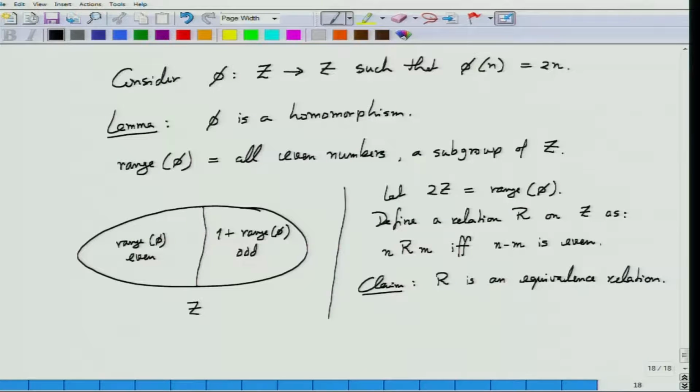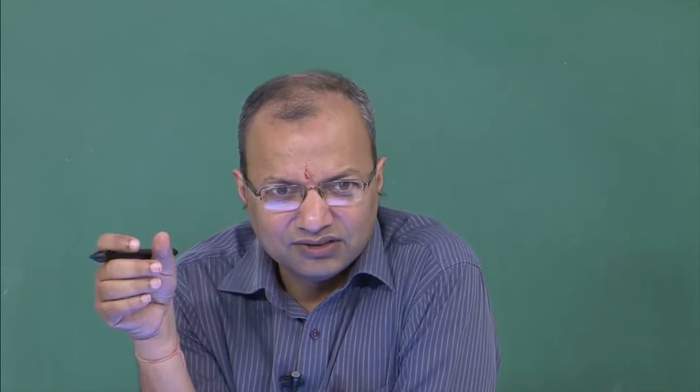A number n is related to itself because n minus n, which is 0, is an even number. Then symmetric property, n is related to m, which also means m is related to n. And transitive property, n1 is related to n2, n2 is related to n3. That means n1 minus n2 is even, n2 minus n3 is even. That clearly means n1 minus n3 is even. So the relationship is transitive. So R is an equivalence relation.